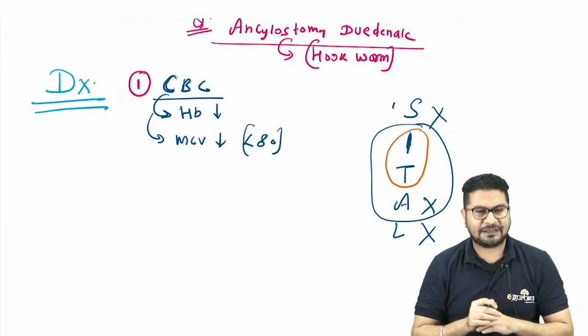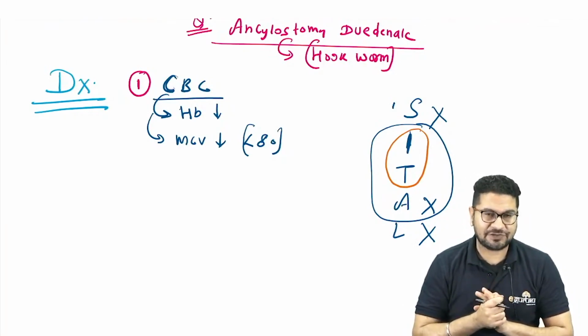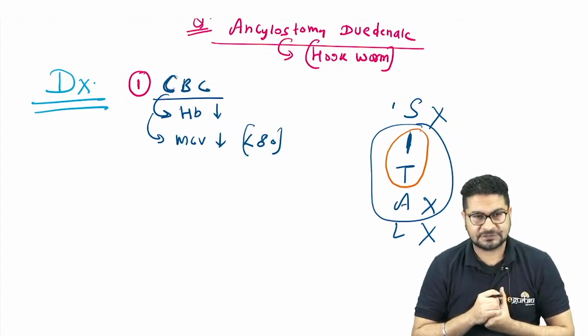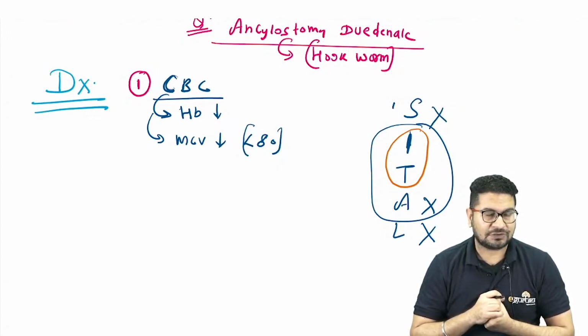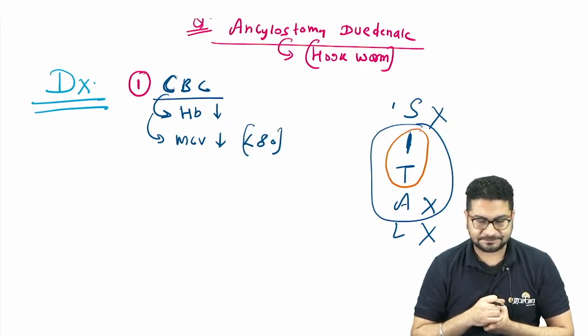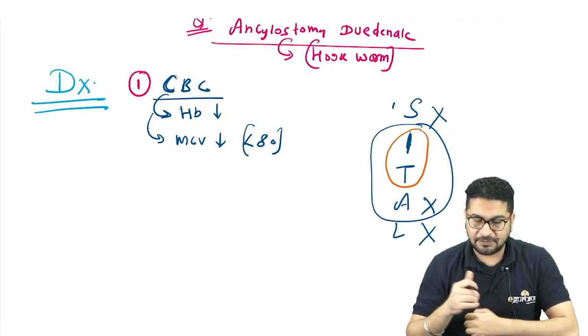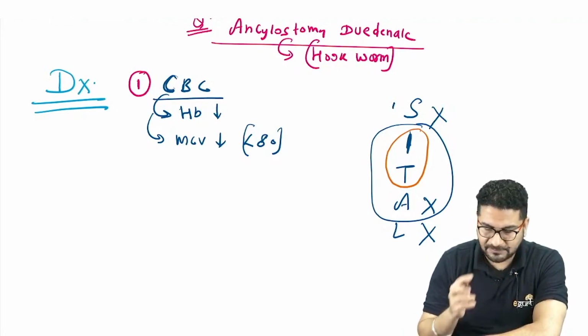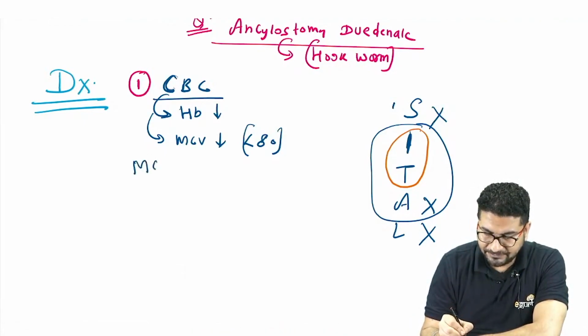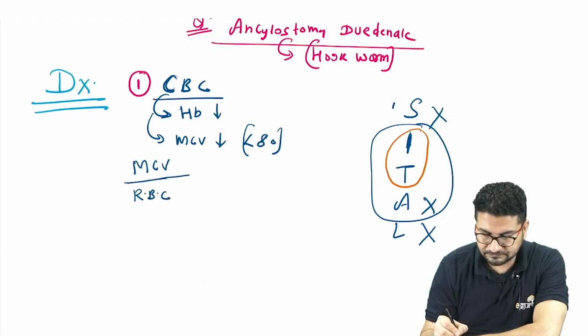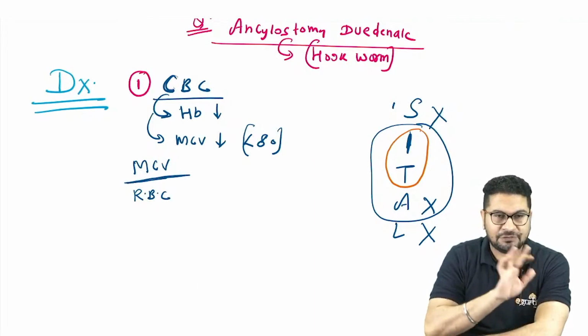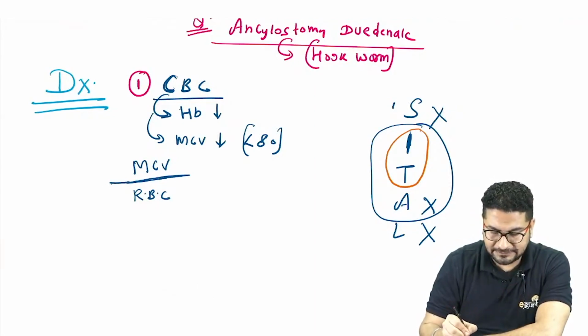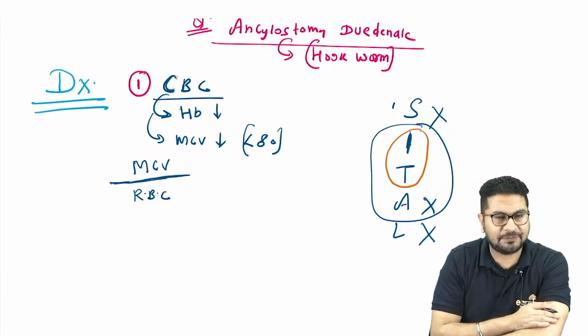But sometimes a child or some patient can also come with thalassemia. So what we do is a simple basic calculation. You will see the MCV of the patient and divide this MCV by the RBC count. Till now you are not offering any other test. Understand this: MCV divided by RBC count.